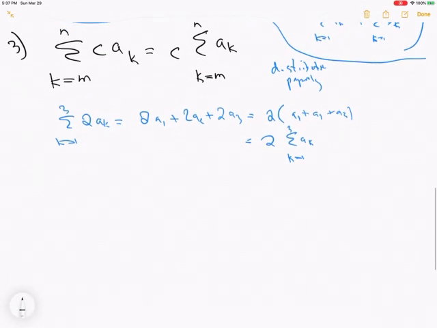And the fourth property just says that you can split up a sum into smaller components.